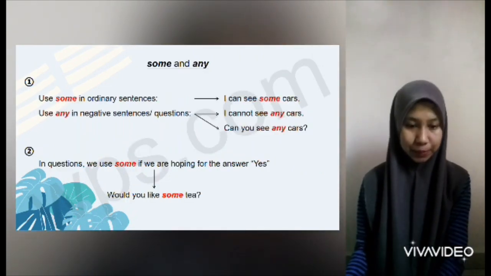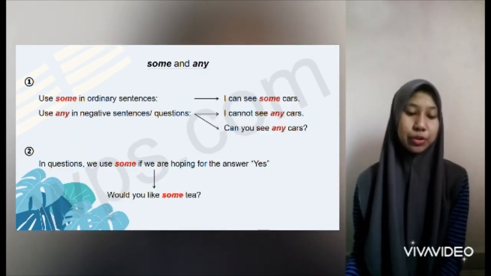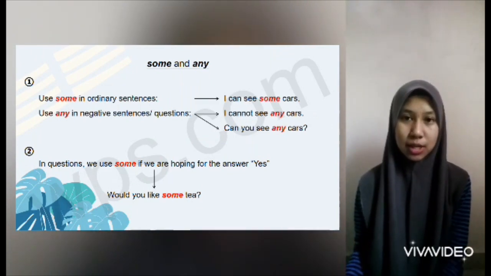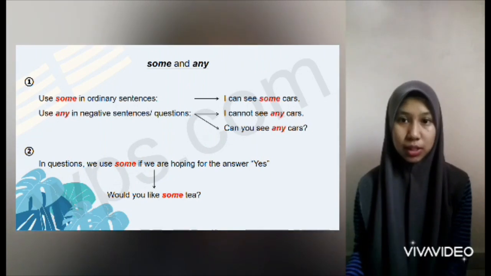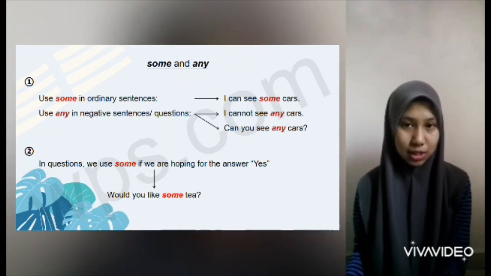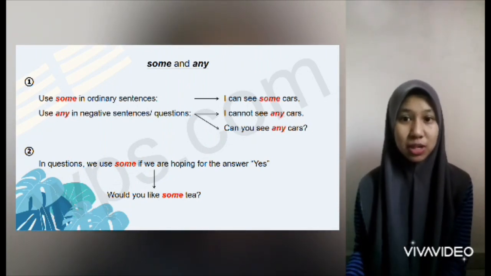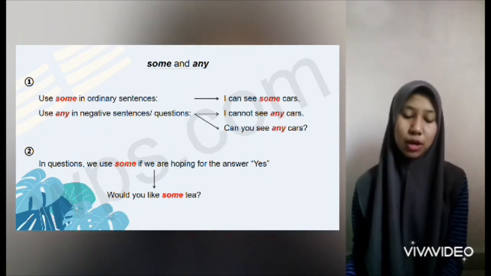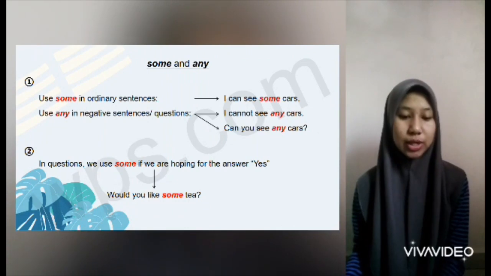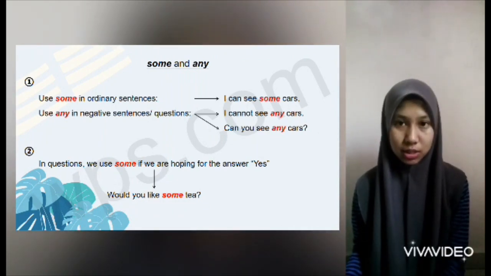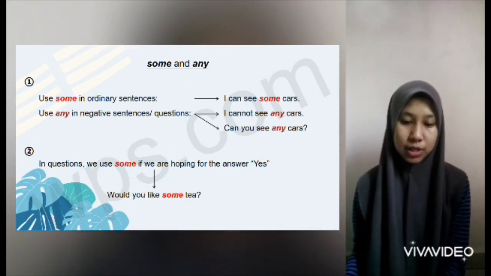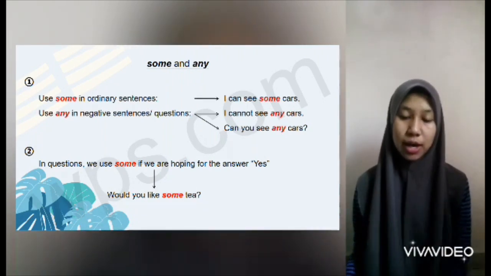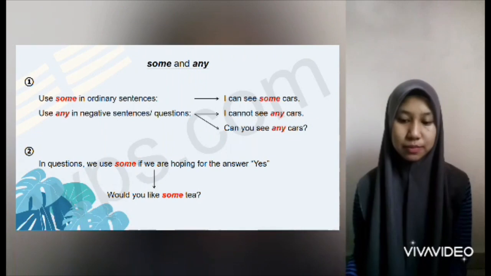Some and any. Number 1. Use some in ordinary sentences. We can find the word some in ordinary sentences. For instance, I can see some cars, or I can see some boats. And also, we use the word any in negative sentences or questions. For example, we can use any in the sentence, I cannot see any cars.